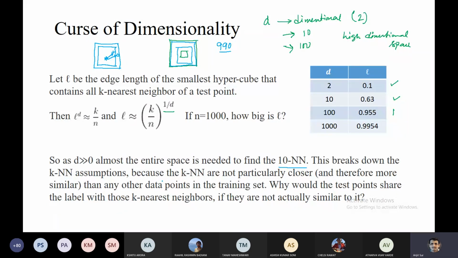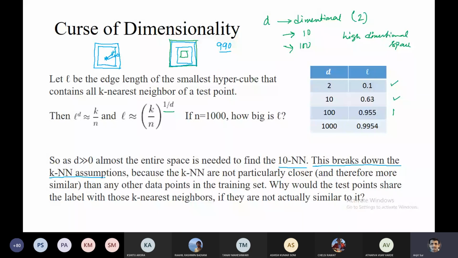because it's very problematic or very tough to visualize that in a very high dimensional space, the points are very far in distance. This breaks down the KNN assumption. So you can understand why we say that KNN is not a good classifier for a high dimensional space.